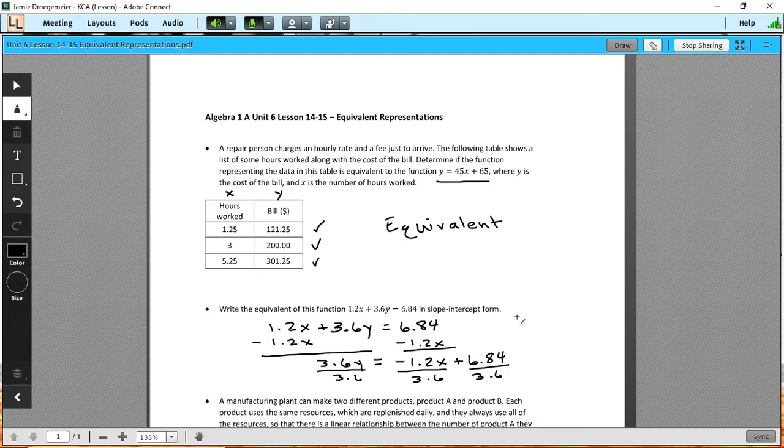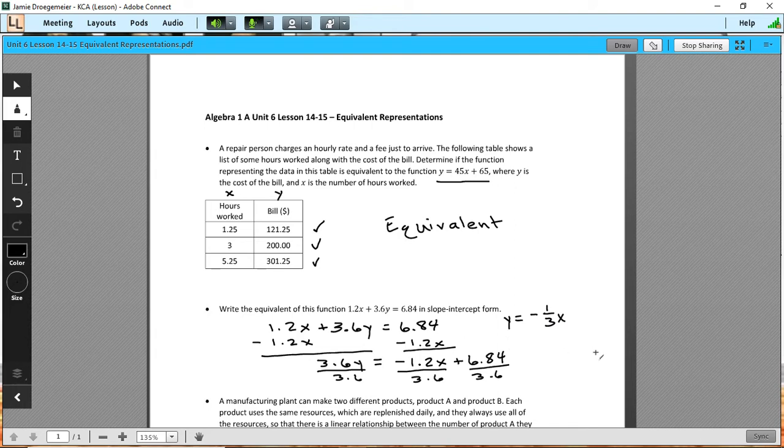And so I'm going to write this up here. y is going to equal negative 1.2 divided by 3.6, and that's going to simplify down to negative 1/3 x.